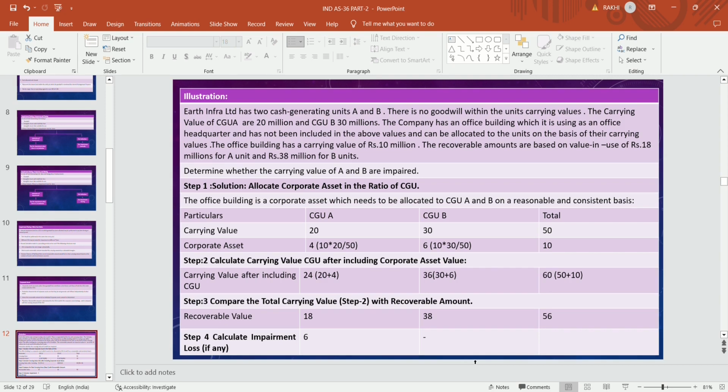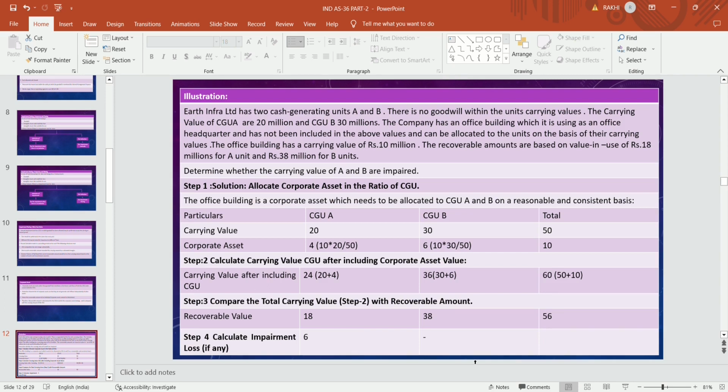The carrying value of unit A is 20 millions and unit B is 30 million, and the recoverable amounts are 18 millions for CGU A and 38 million for CGU B. Now the question is to determine whether the carrying values of A and B are impaired.